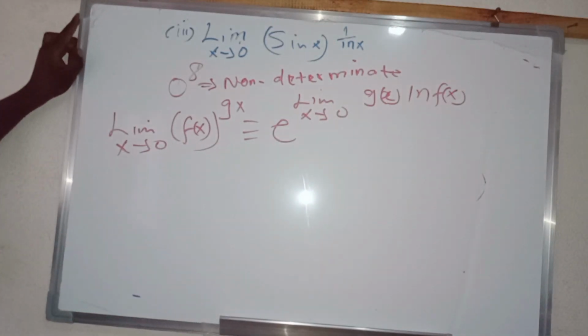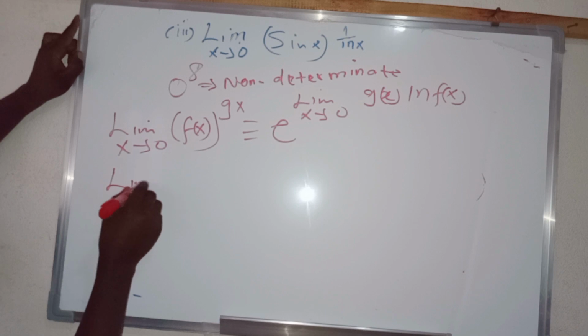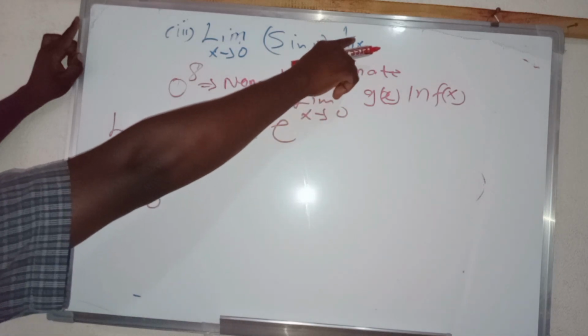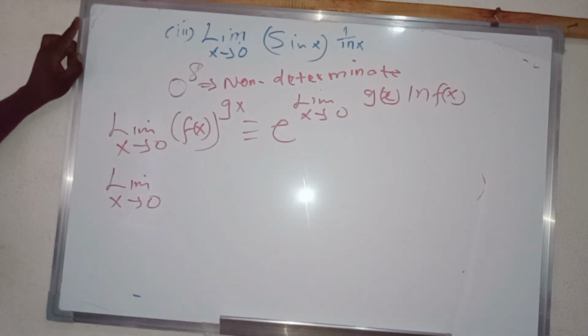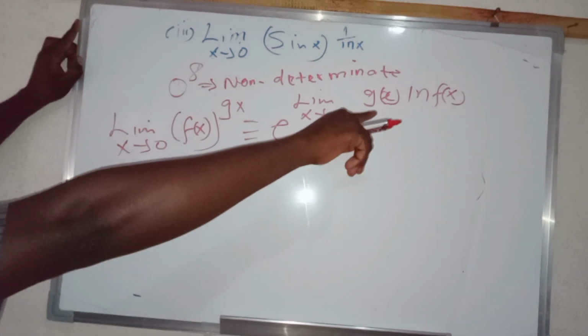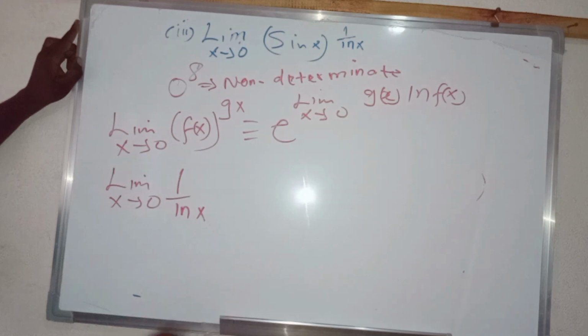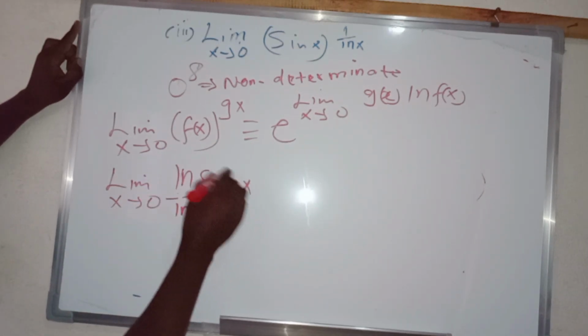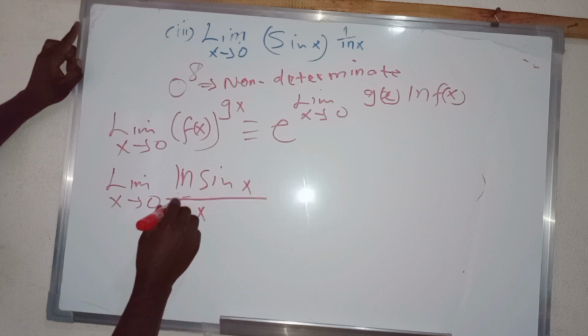So limit as x approaches 0, g(x) is 1 divided by ln x, multiplied by the natural log of f(x), the natural log of sin x.